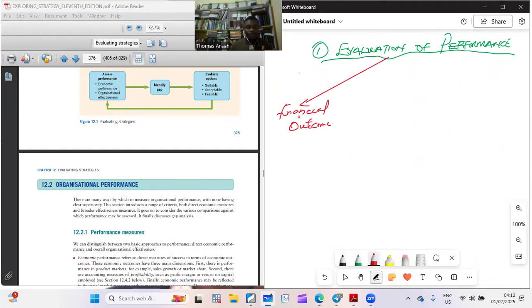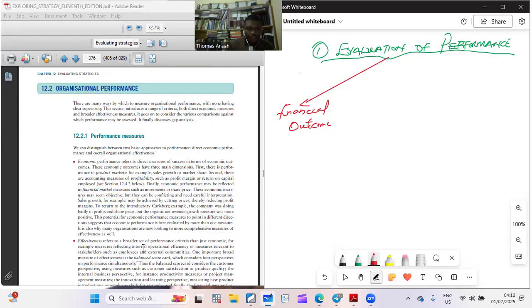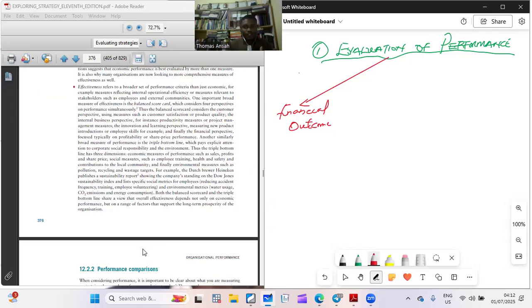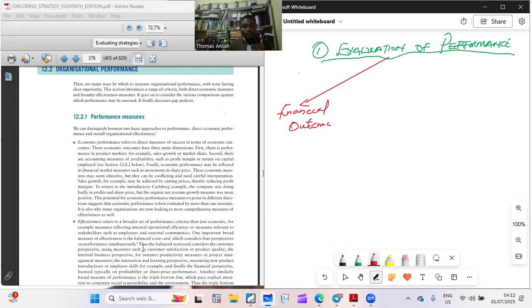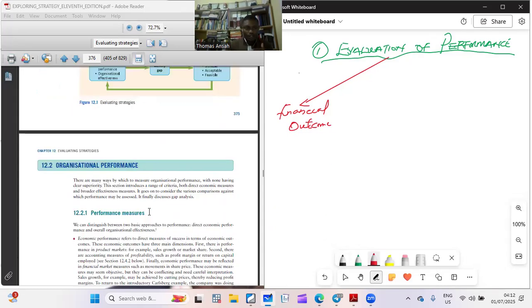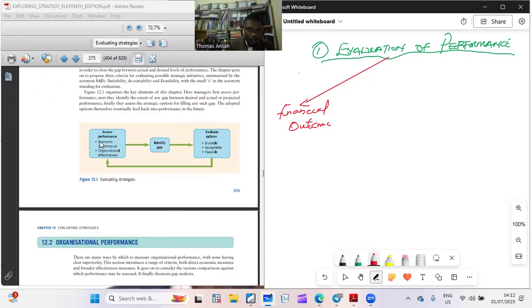That part is also called the economic performance. Then we also measure the effectiveness. So as I've shown you here, this is the evaluation: the economic performance and the organizational effectiveness.